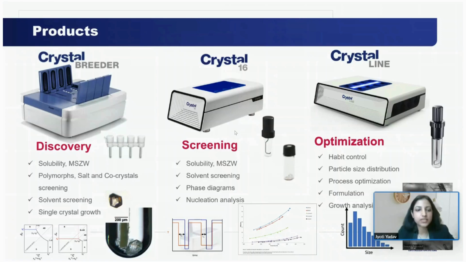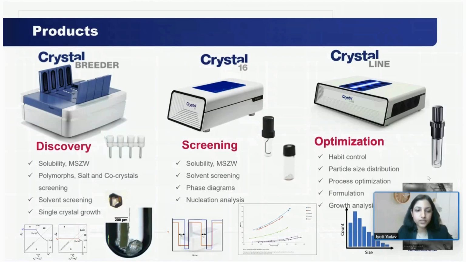Then the Crystalline instrument, for the optimization of the crystallization process, where different crystallization methods like cooling, evaporation, seeding, and anti-solvent crystallization experiments can be performed easily. During the experiments, various operating parameters such as stirring type, stirring speed, temperature profile, volume, etc., can be varied easily and optimized.